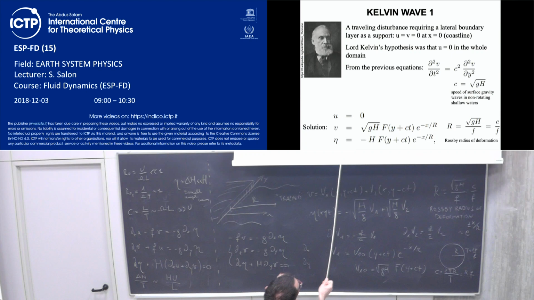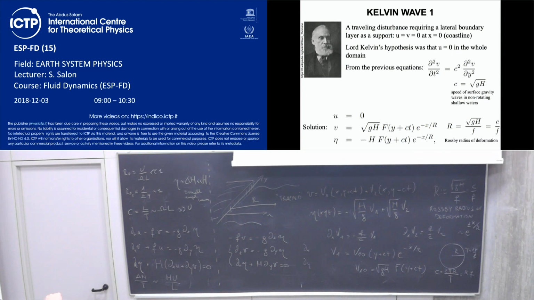So v will have g over h multiplied by F e to the minus x over r, and eta, which actually is this one, because we just remove the dependency in v2, and what we obtain is just to multiply this part here by capital H over g, and so we just obtain minus HF multiplied by the exponential decrease in x.